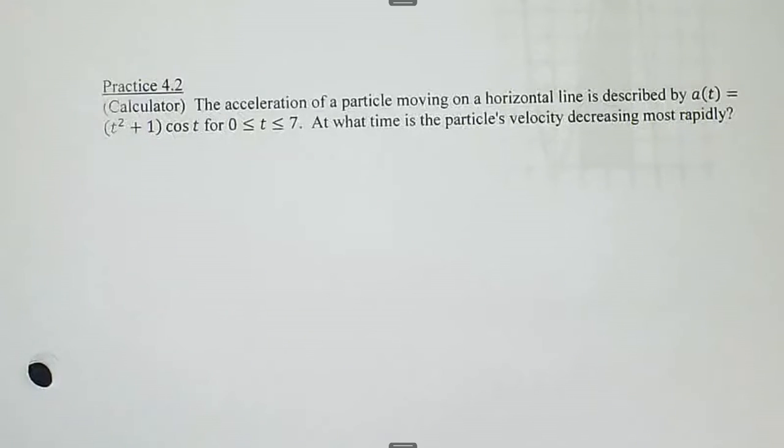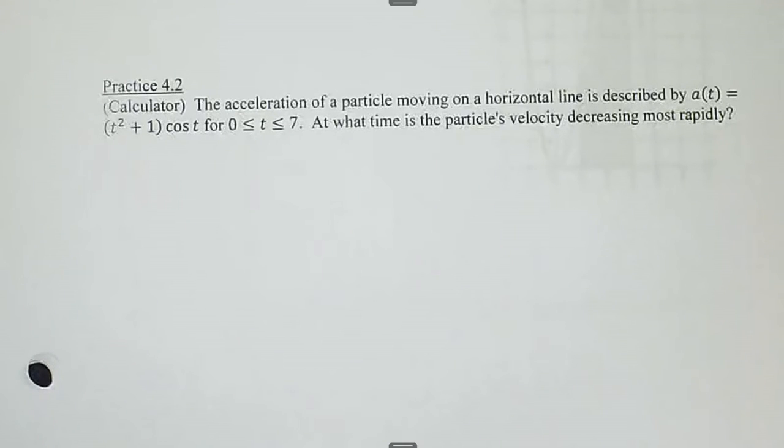So, in other words, it's asking for us to find a minimum acceleration. Acceleration is a rate of change of velocity. Velocity is decreasing whenever acceleration is negative.